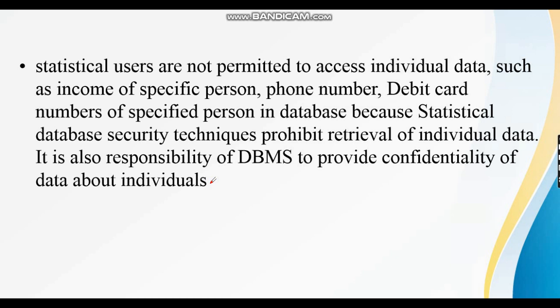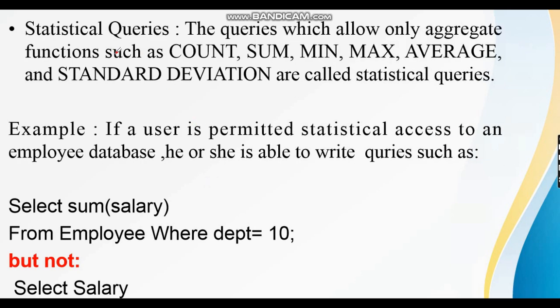That's why statistical databases just maintain information of the population like average, count and so on. It is not going to have information like the income of a specific person or a debit card number, right? This is the responsibility of the DBMS, to maintain the confidentiality of data about individuals, right? Next, how are the statistical users going to fire the queries?